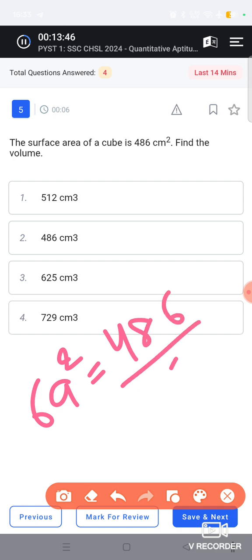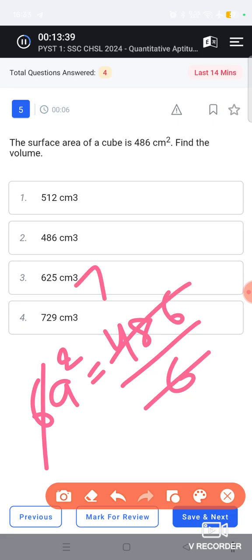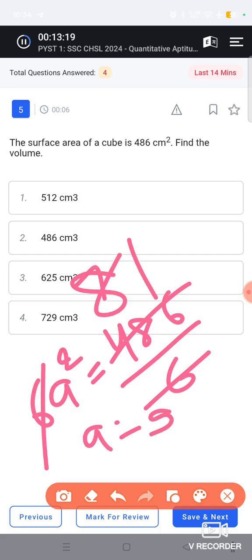Okay, then divide by 6, and a square is 81, and then a equals 9, and 9 cube is equal to 729.